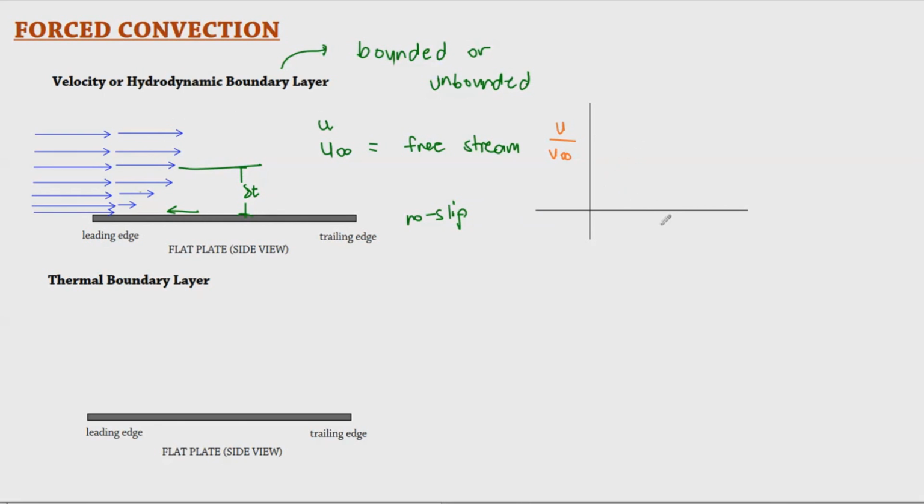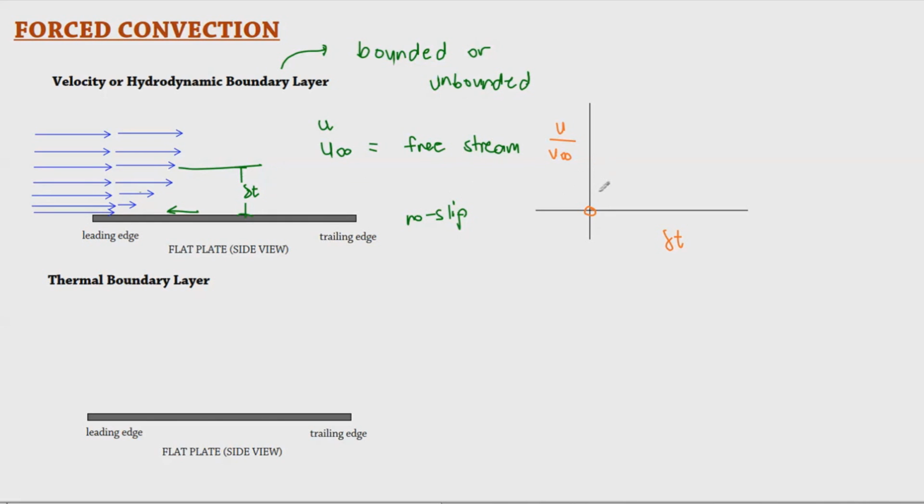As we move further away from the flat plate, it starts with, of course, not 0, since we're considering the no slip condition, but it's not actually 0. It still has some velocity, but a very, very small one. So 0 will just be an open hole, so it's not considered a solution.